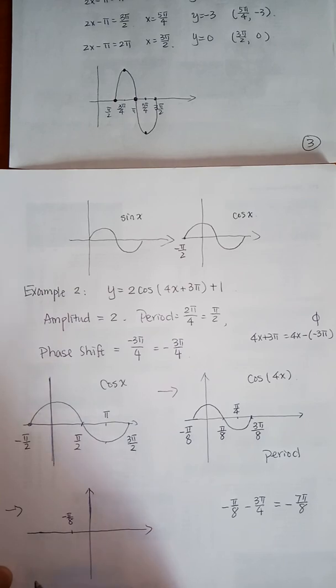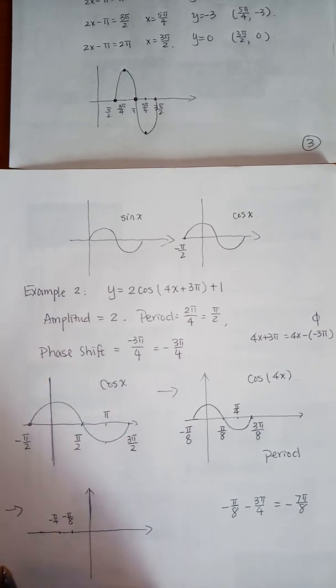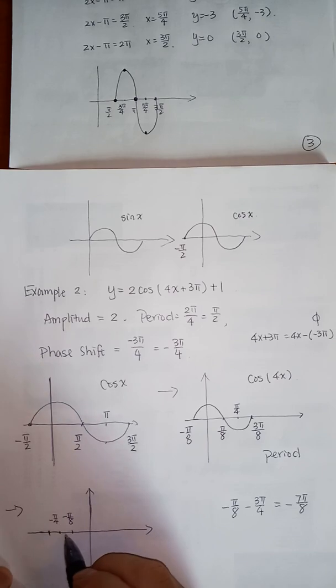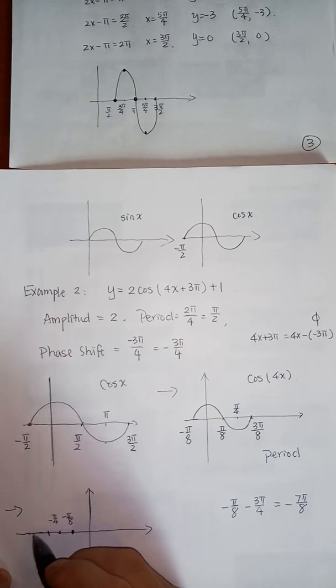Where is negative 7 pi over 8? It's almost negative pi.